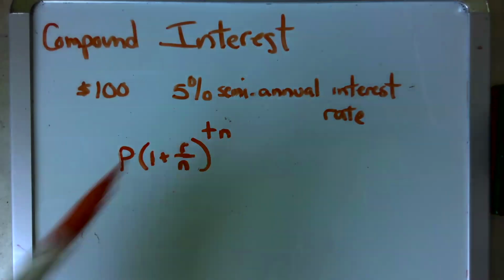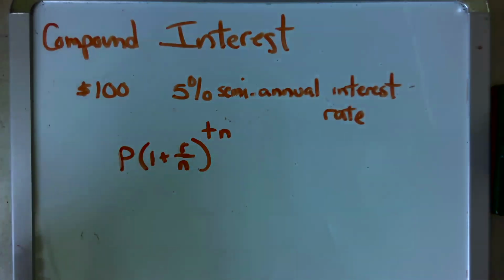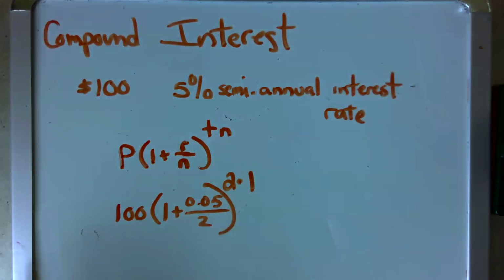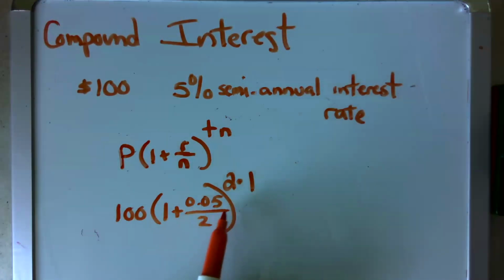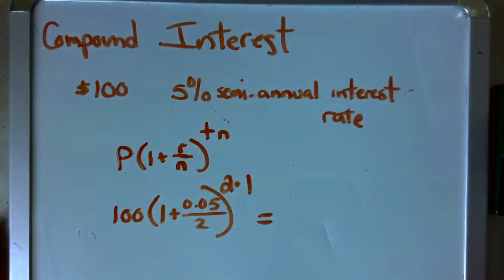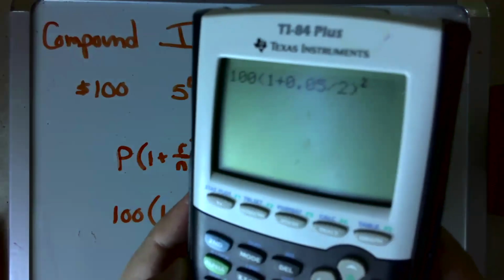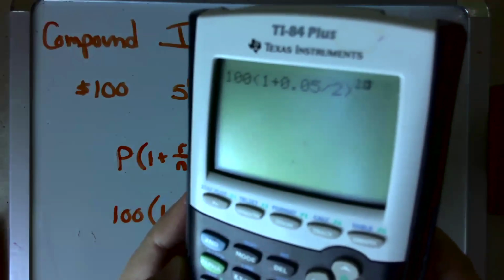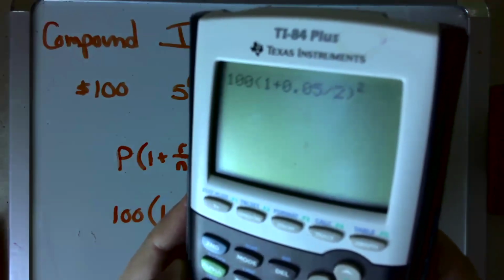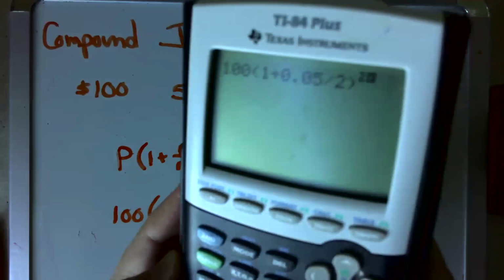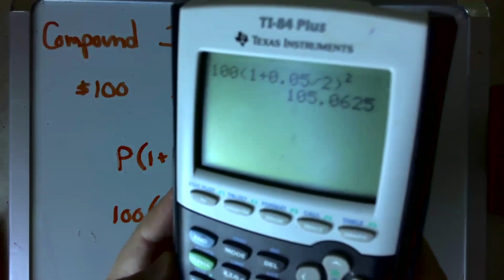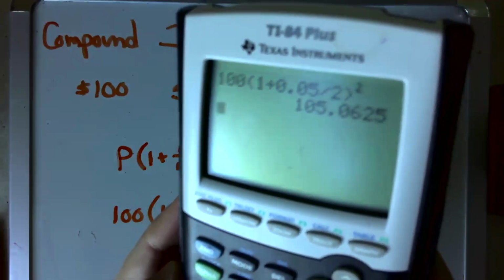So in this case, what compounding it semi-annually would look like in a single year would be our principal amount 100 times 1 plus 0.05 over 2 raised to the 2 times 1. And if we put that in our calculator, we have 100 times 1 plus 0.05 over 2 raised to the 2. That gets us $105 and around 6 cents.